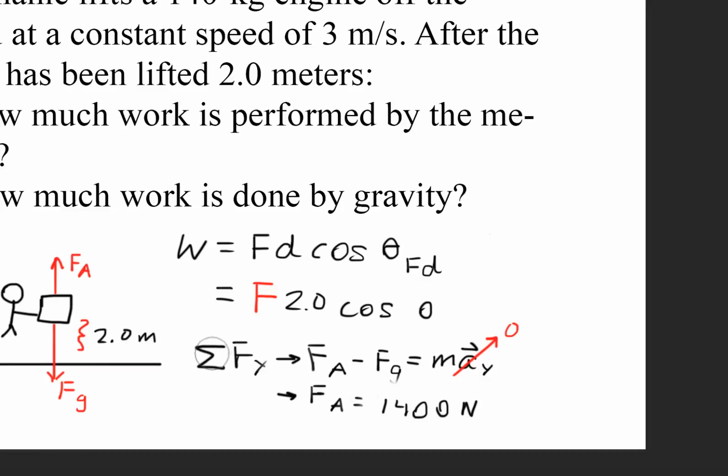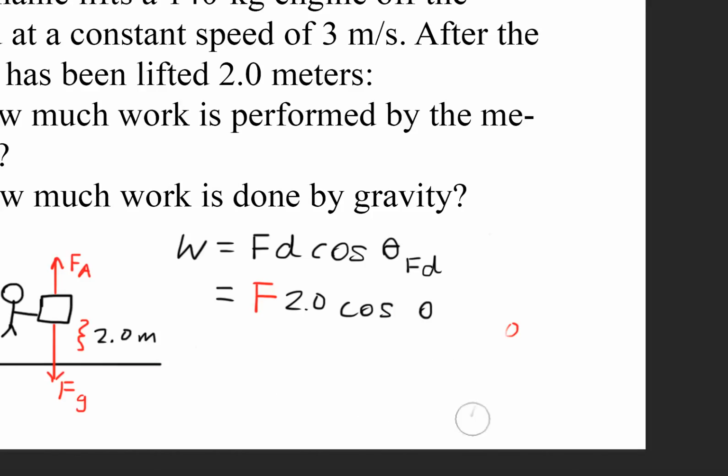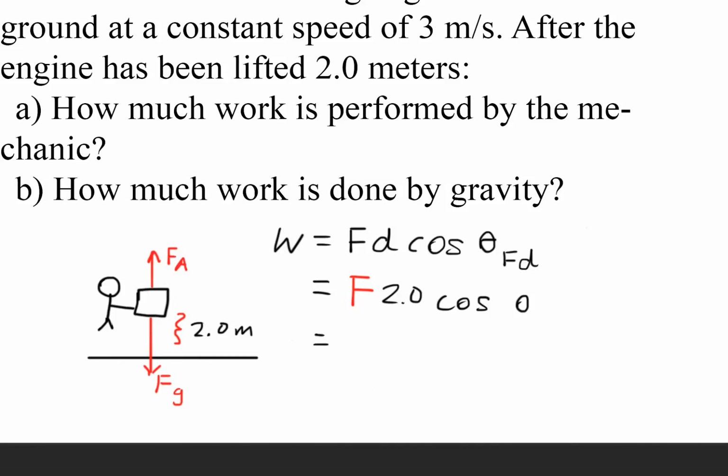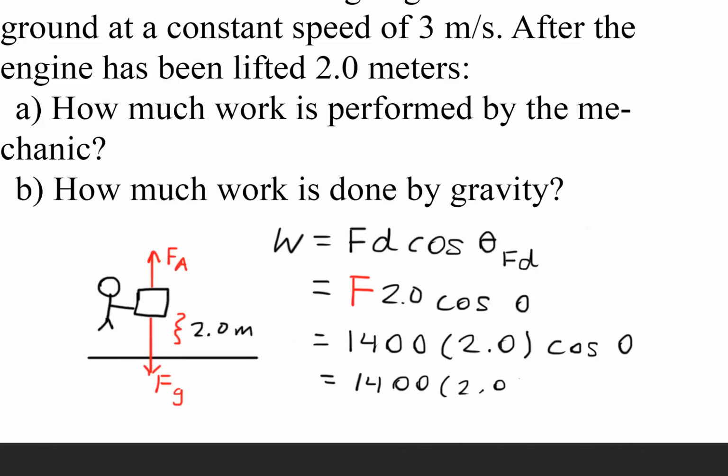I'm going to erase this section right here. So this is 1400 times 2.0 meters times the cosine of 0. The cosine of 0 is just 1. So we have 1400 times 2 meters.